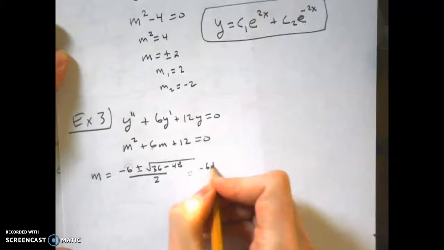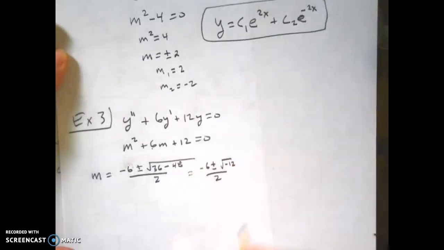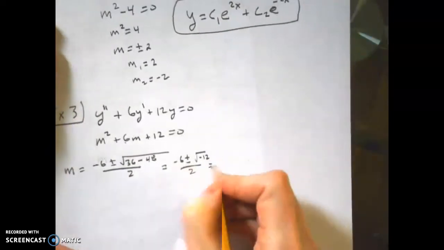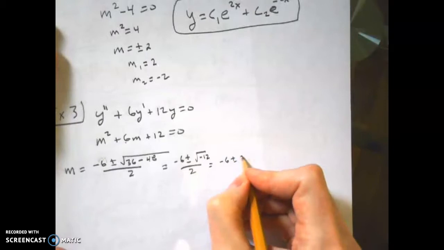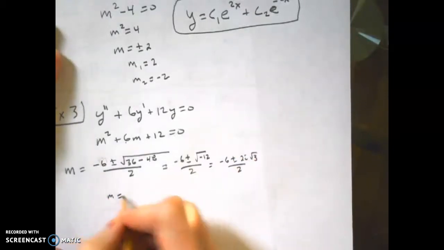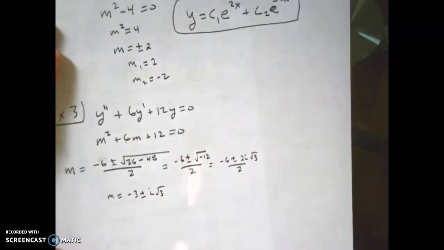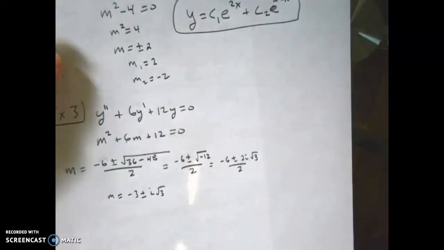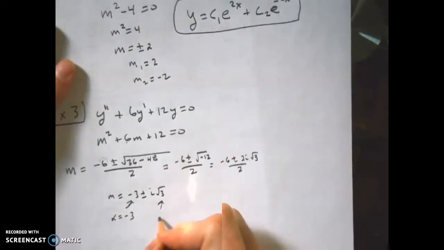So you get negative 6 plus or minus square root of negative 12 over 2. It's going to be negative 6 plus or minus 2i rad 3 over 2. So you get m equals negative 3 plus or minus i rad 3. So alpha is going to equal negative 3. Beta is going to equal rad 3.